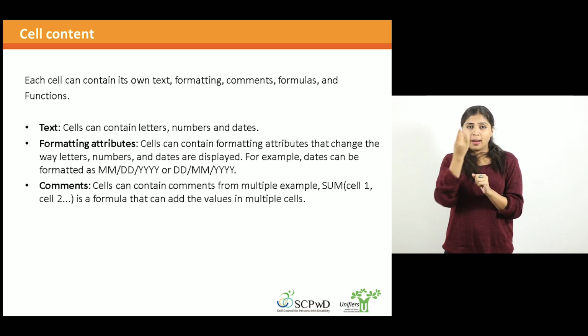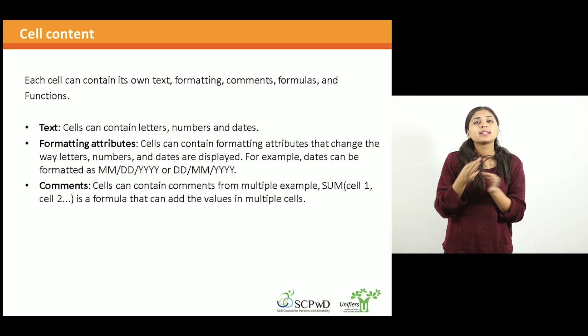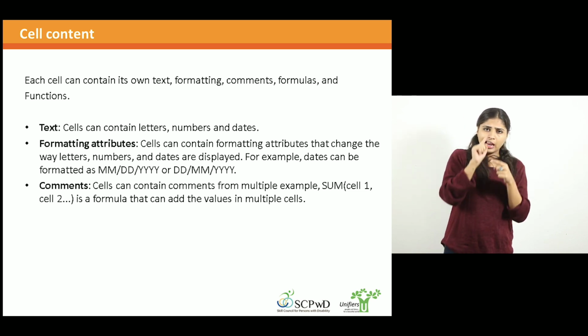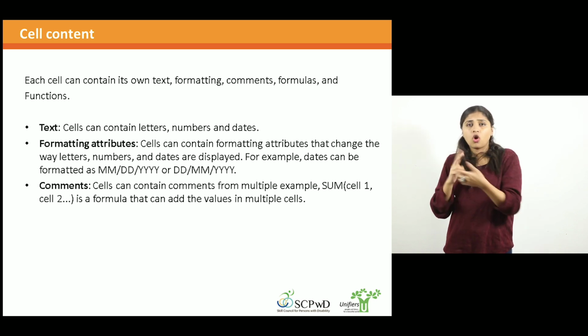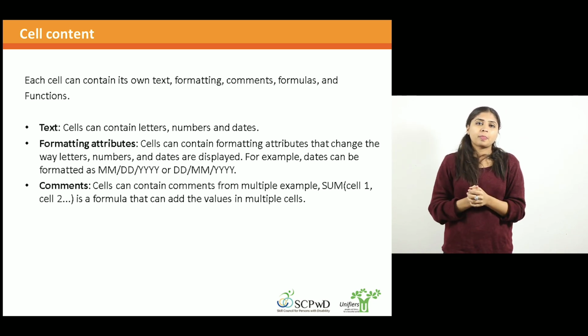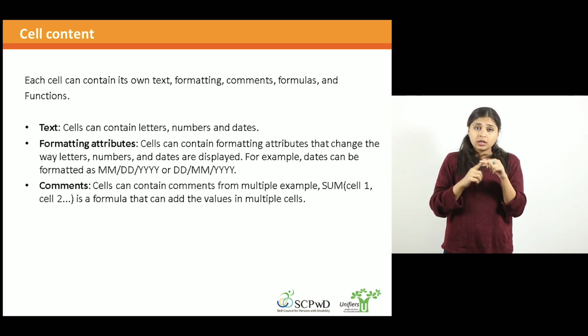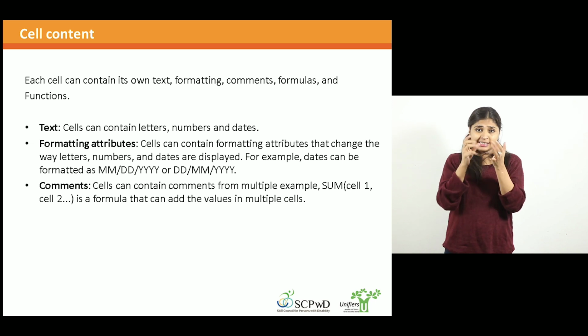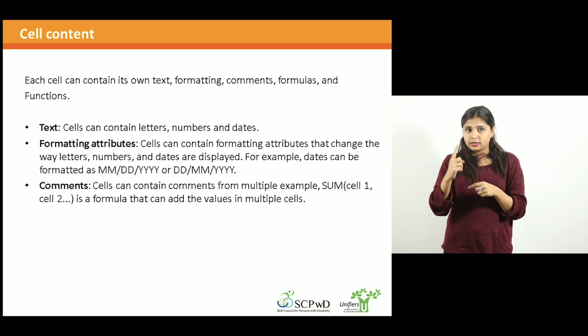For example, dates can be formatted as DD/MM/YY or MM/DD/YY. Comments. Cells can contain comments from multiple viewers. For example, SUM(cell 1, cell 2) is a formula that can add the values in multiple cells.